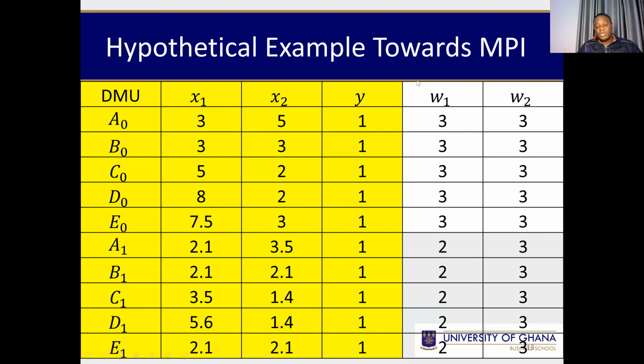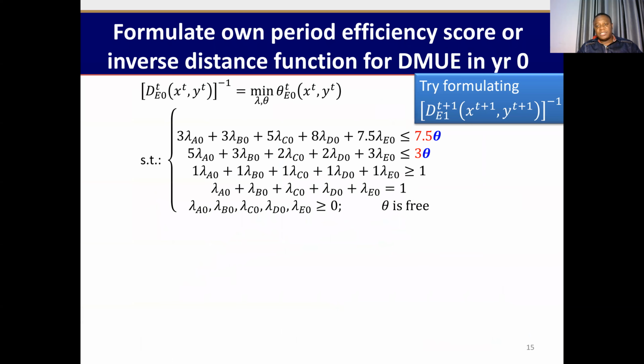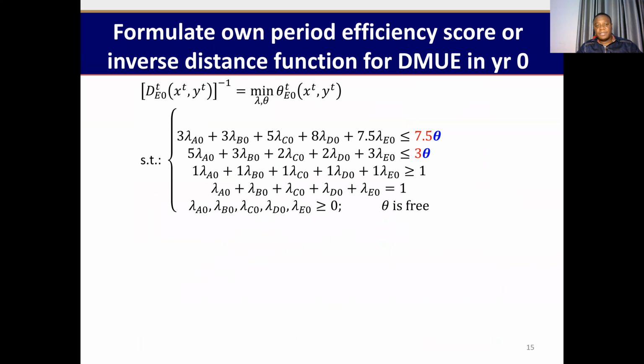So let me show you how this is supposed to look. You can see that we've written the same thing, 3 lambda A0, 3 lambda B0. All of them are on the left-hand side, less than or equal to the DMU under evaluation, which in this case was E. The contents of E were 7.5 and 3.